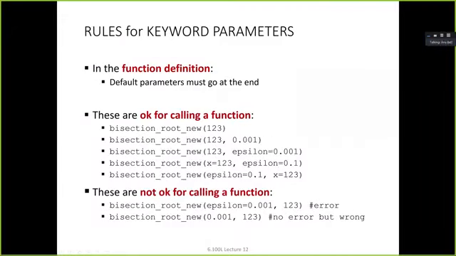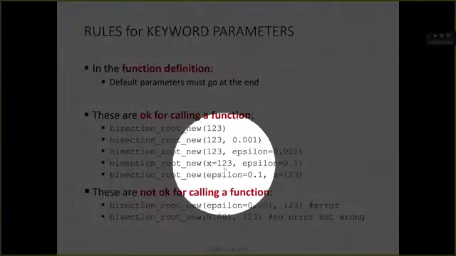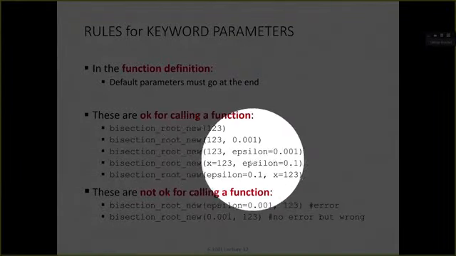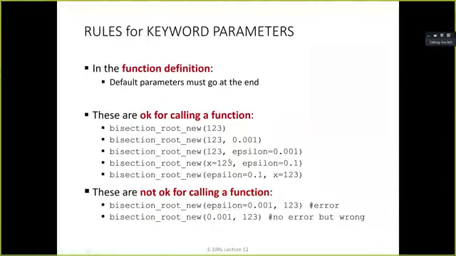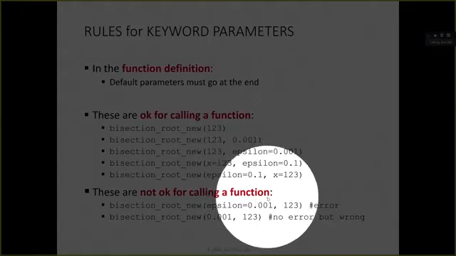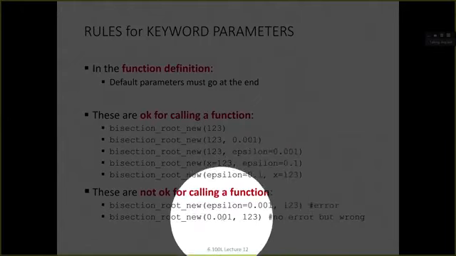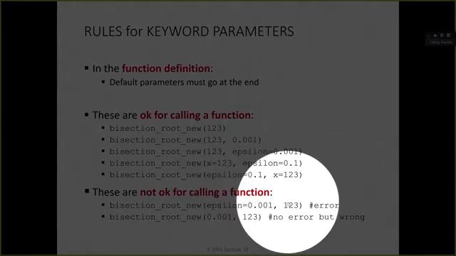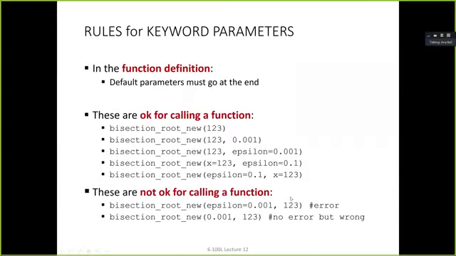So, worst case, you just say one at a time what the formal parameter is and its value, and then Python will not get confused. The ones at the bottom, though, are where we run into trouble. For example, if you put the default parameter first and then any parameter that's not a default one afterward, Python gives an error because the default ones have to go after the non-default ones.